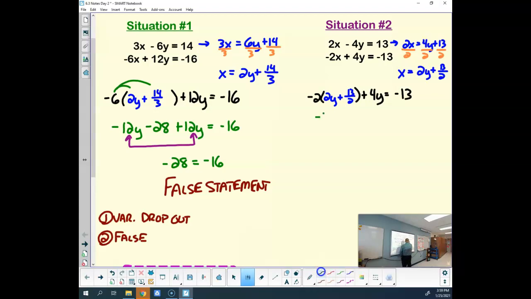Distribute: negative 4y minus 13 plus 4y equals negative 13. Again, here is that special situation. But this time I get negative 13 equals negative 13, and that is a true statement.